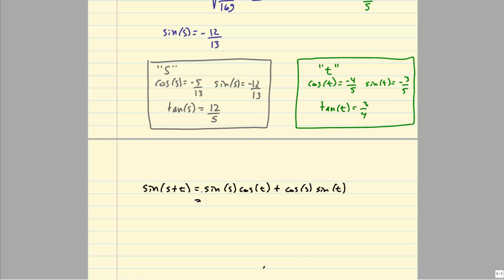Well, we know all of these values from right up here. The sine of s is negative 12/13. The cosine of t is a negative 4/5. Plus the cosine of s is negative 5/13. And the sine of t is a negative 3/5.